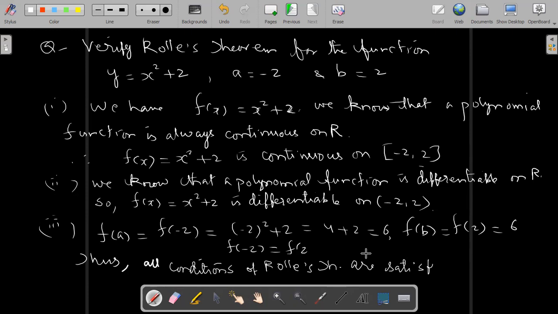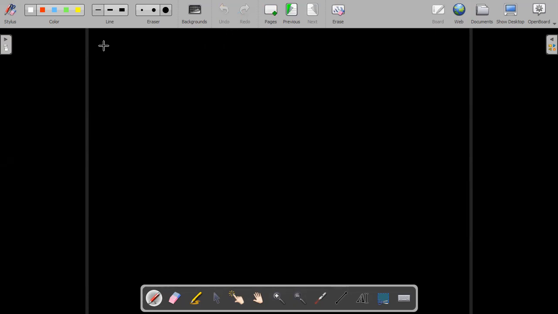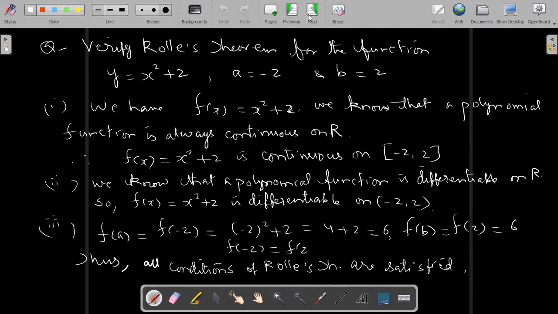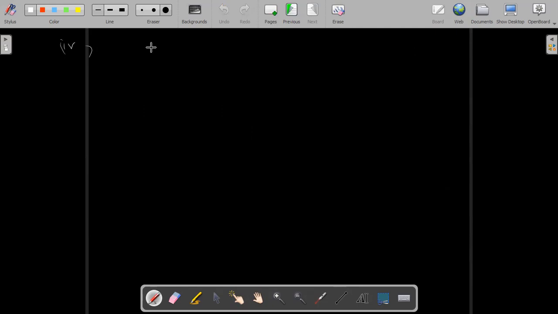All three conditions are satisfied. Now we have to find the derivative. That is our fourth point here: the derivative.